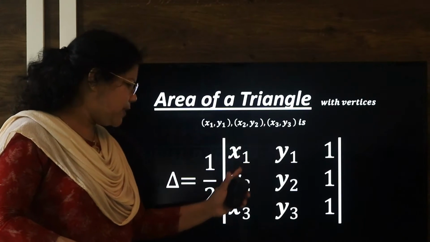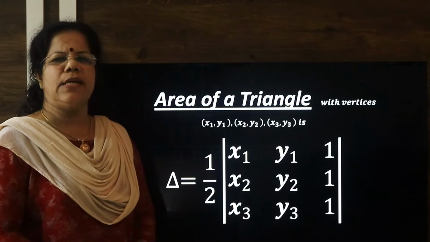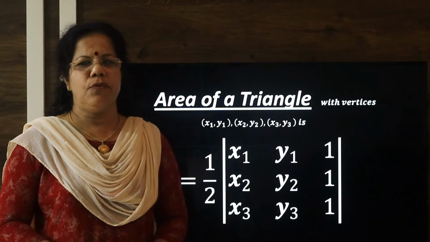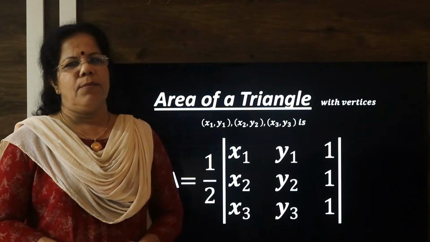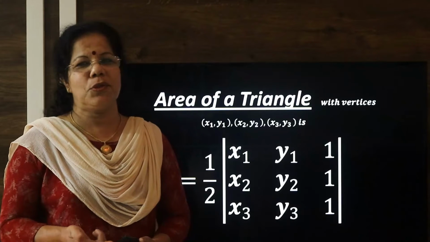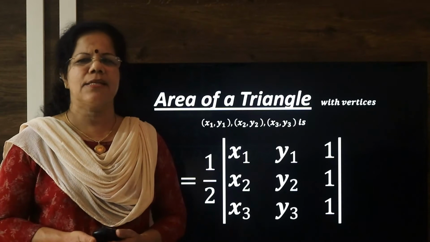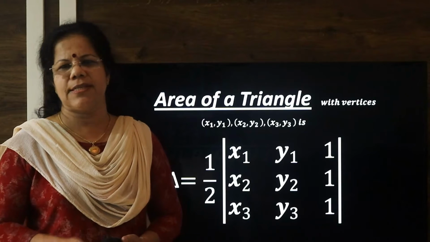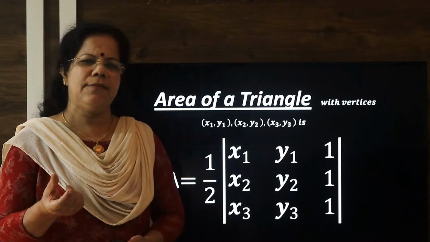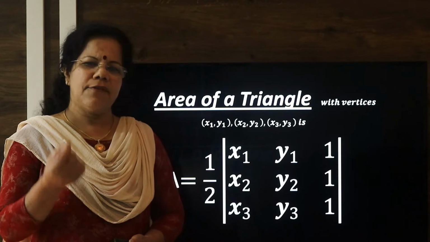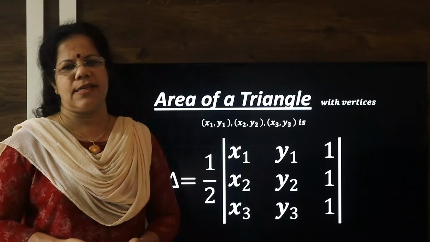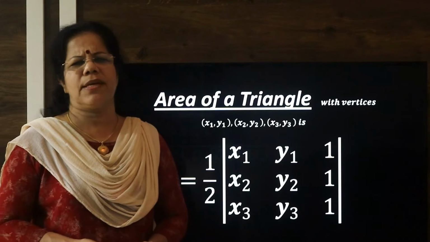Suppose you take the first column to expand, what will happen? You see x1 into (y2 minus y3) minus x2 into (y1 minus y3). Now we will make it plus x2 into (y3 minus y1), just interchanging. So this determinant expansion is definitely what you learned in class 11th. So this is one of the applications.